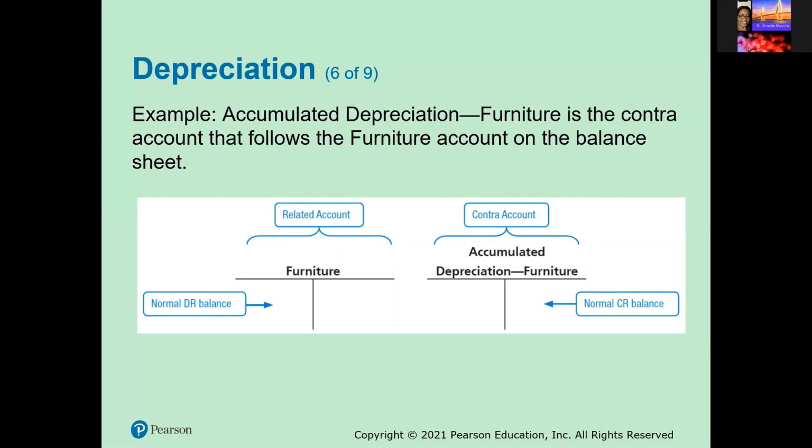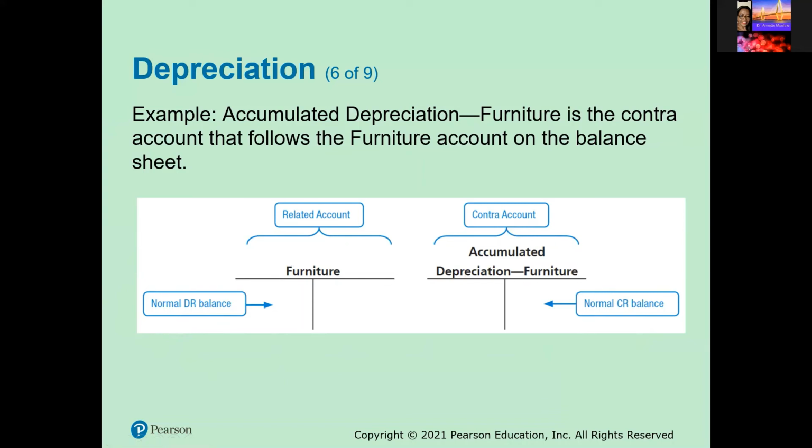The furniture account has a normal debit balance. So, accumulated depreciation furniture, which is a contra asset, has a normal credit balance. Again, it is a contra account.